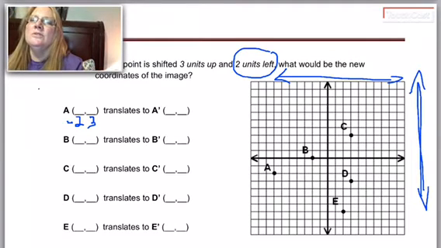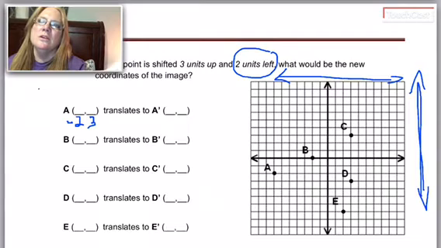So we need to find the coordinates for points A, B, C, D, and E, then subtract 2 from x to move it left, and add 3 to y to move it up.